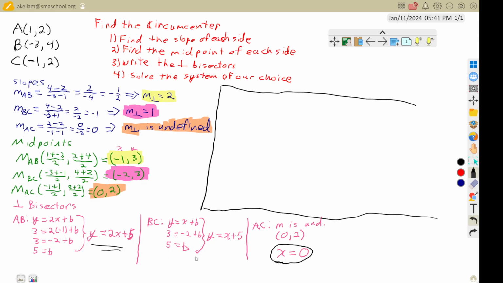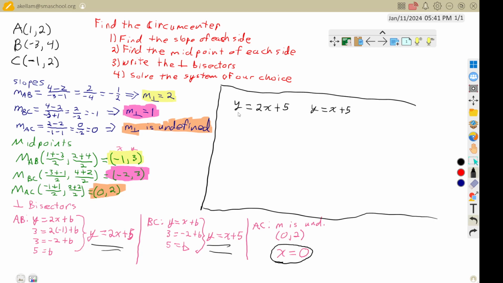I'm using that one and that one, just so that we can see fully solving a system. So we have y equals 2x plus 5, and I have y equals x plus 5. Now, we're going to solve this using substitution. You could use elimination if you wanted.